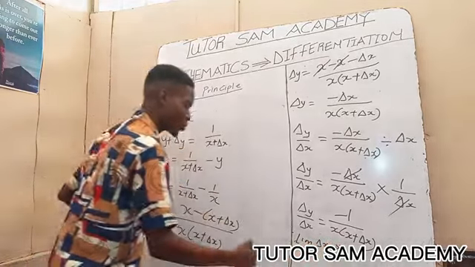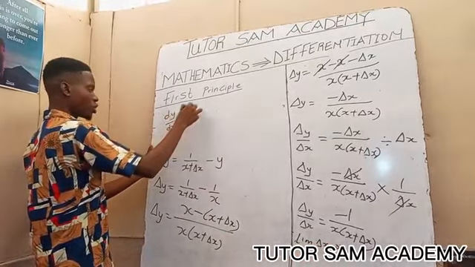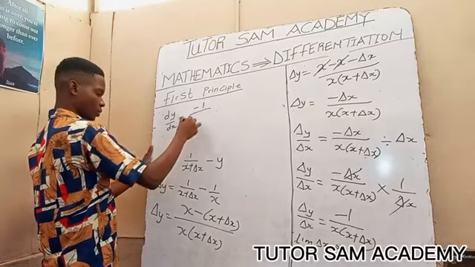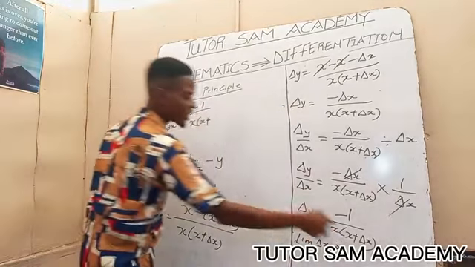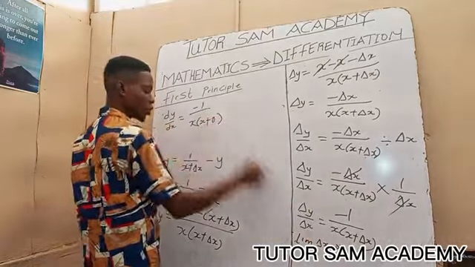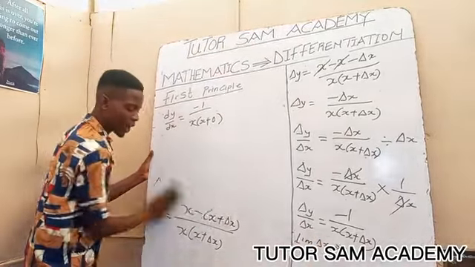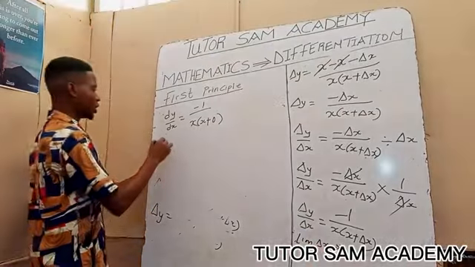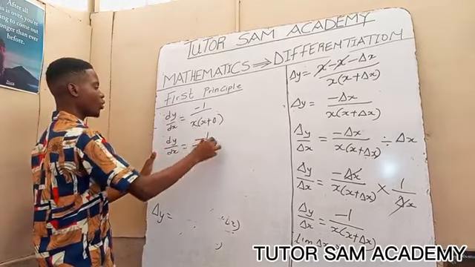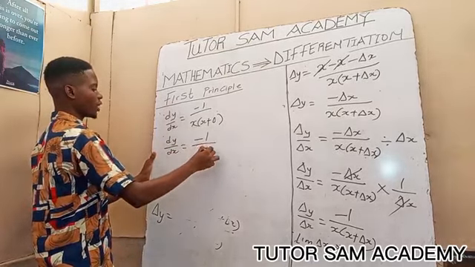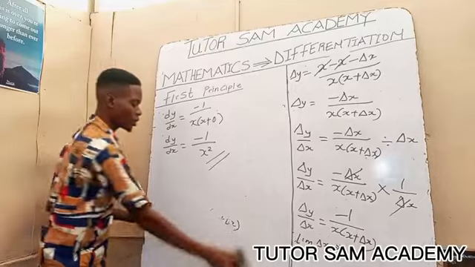So let me write the final answer here. dy dx will be equal to minus 1 over x into x plus, instead of changing x, it will become 0 because I'm limiting it to 0 now. So finally, we'll have our final answer to be dy over dx equal to minus 1 over x multiplied by x, which gives us x squared. So this is our final answer.